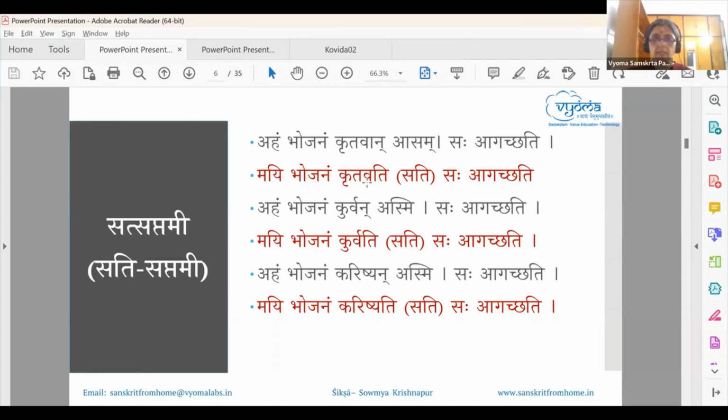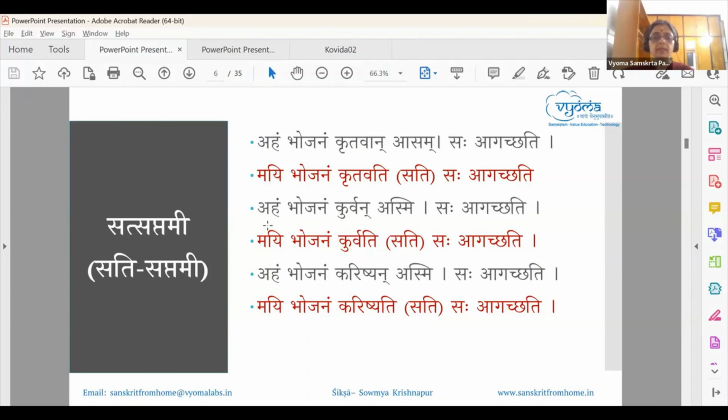The action which indicates the time in which the other action took place, we convert into Namapadas, and we make those Namapadas which are in Prathama Vibhakti into Saptami Vibhakti. And adding the Sati is an option. Even if we don't add the Sati, it is still a Sat Saptami or a Sati Saptami usage.